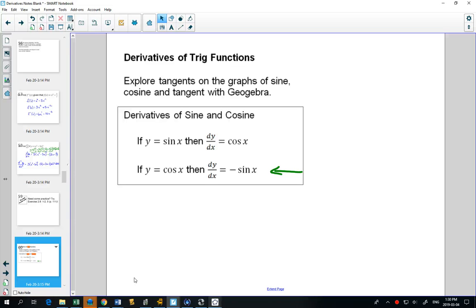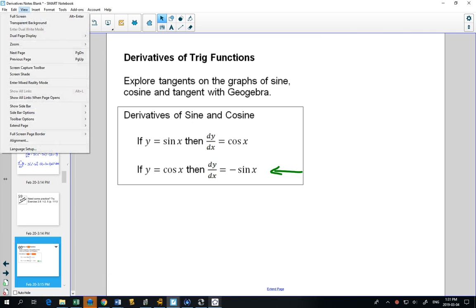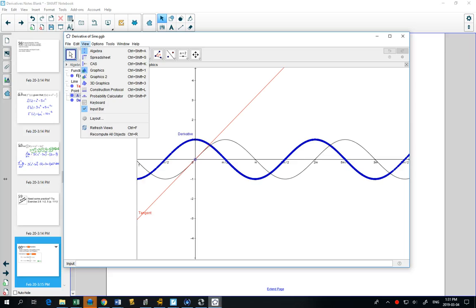And I actually think about the graphs of sine and cos to help me. So if I go back to my sine graph to start with. Oops, that's not where I wanted to go. There we go.